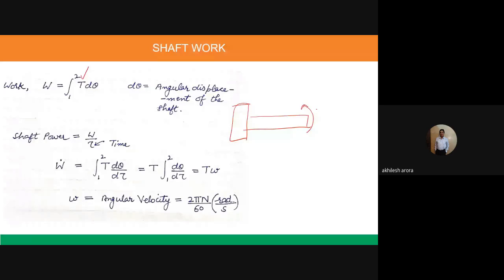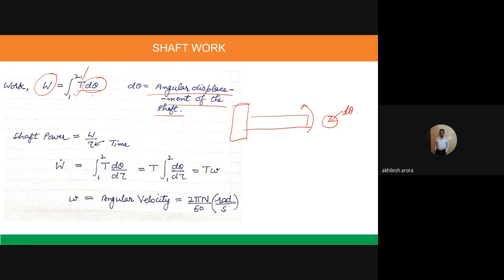Let us say this is the initial condition. Then on rotation, it moves by an angle d theta. So what is the value of the work? It is equal to T into d theta, and d theta is nothing but the angular displacement of the shaft. If it is rotating at a particular RPM, to calculate the total work transfer I can multiply the total angular displacement of the shaft by the torque, and then I will get the value of the work.